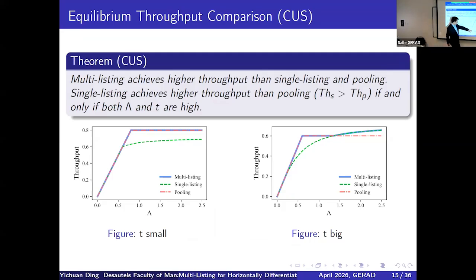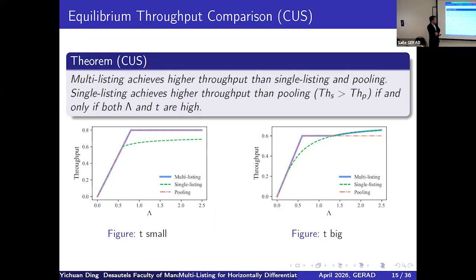But if T is big, which means the two servers are very differentiated, and it makes a big difference. In that case, you would expect a single listing can be better than pooling when gamma is large. And also in that case, multi-listing at first coincides with pooling, it dominates single listing. But when gamma is larger, it coincides with a single listing and dominates pooling. Right?